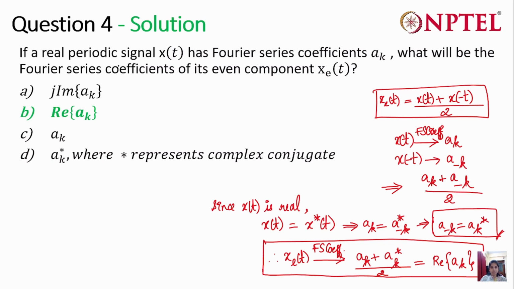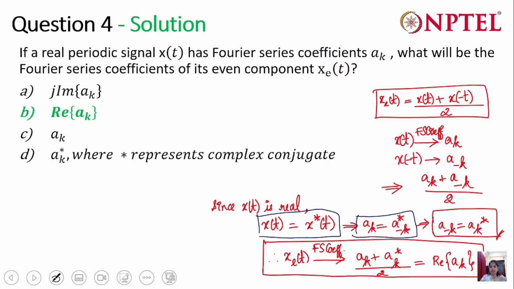Now we are given that x of t is real. So x of t is equal to x conjugate of t. In terms of Fourier series coefficients, ak is now equal to a minus k conjugate also. So if I write a minus k on the left hand side, it is equal to ak conjugate, right?